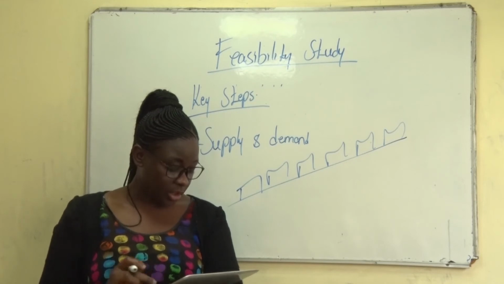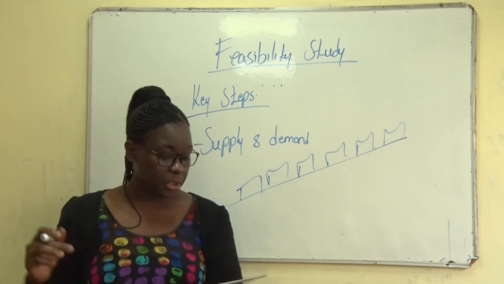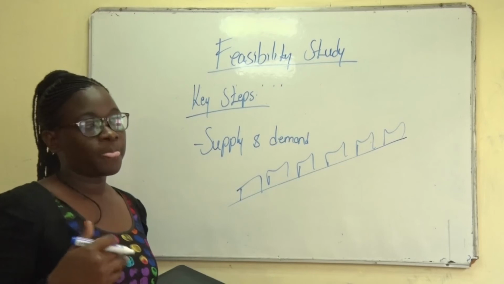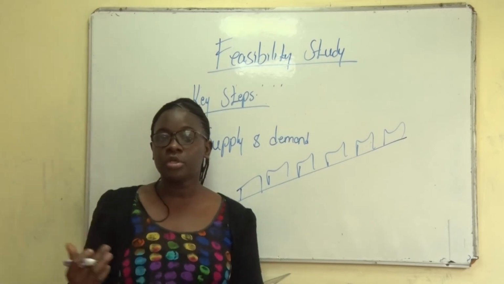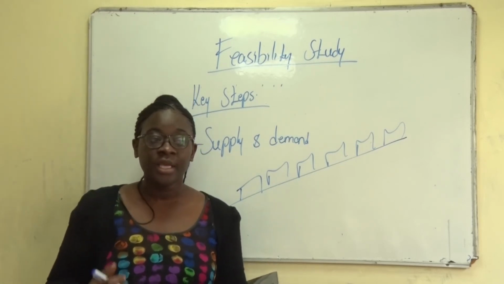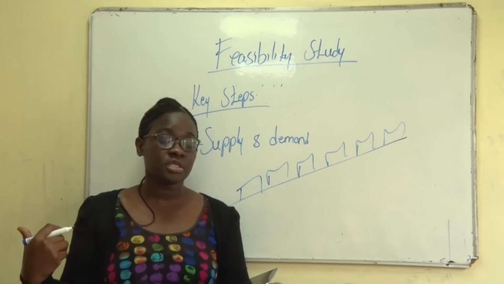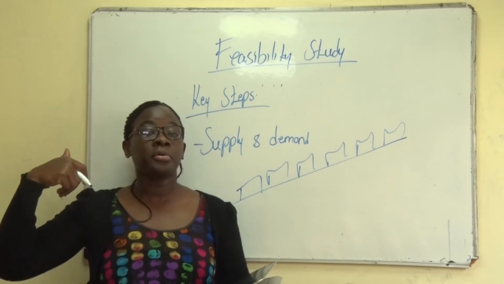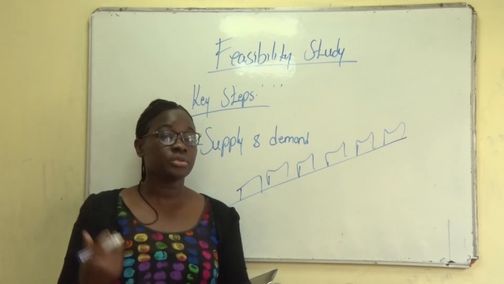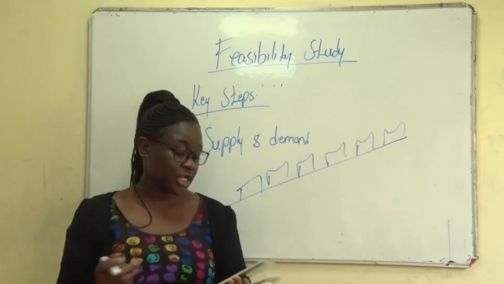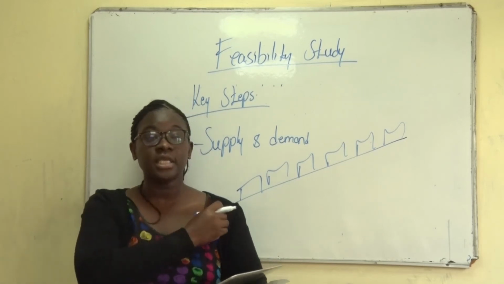And then next you look at room rates and year-round occupancy. How are you able to know the occupancy of rooms? This can be done by getting information from tourist boards or competitor hotels. You can do a private research of room occupancy all year round.